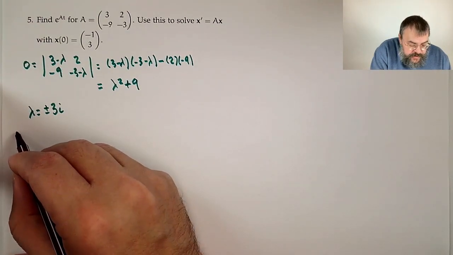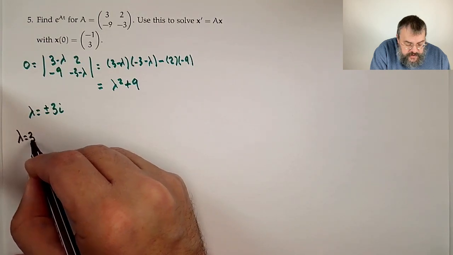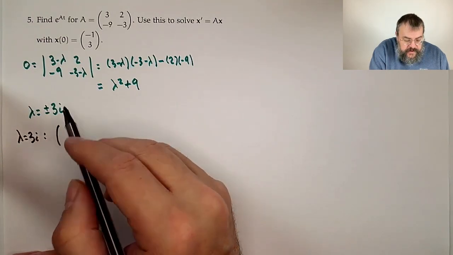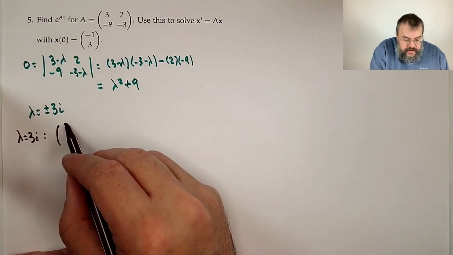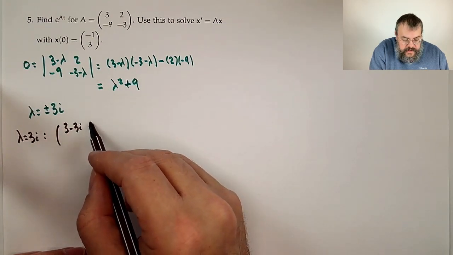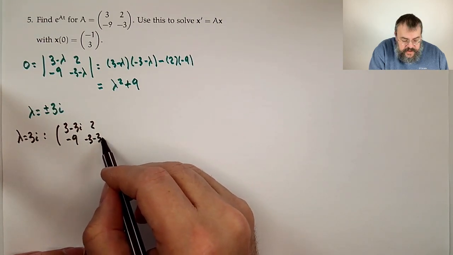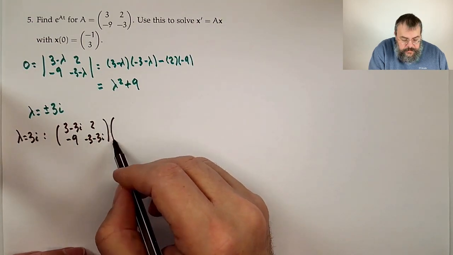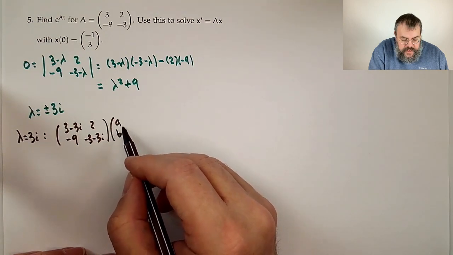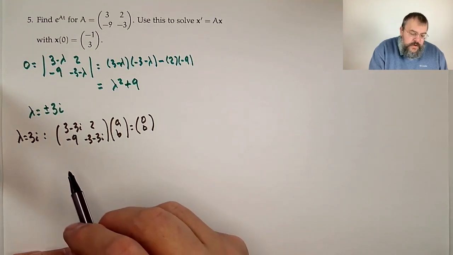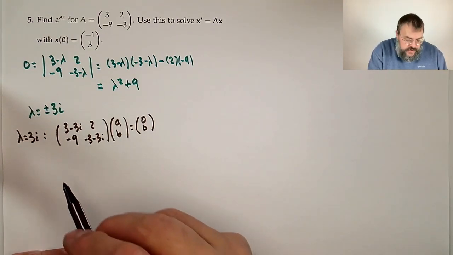So for lambda equals positive 3i, it's important to remember which one you're working with. We're going to take our A minus lambda I, so 3 minus 3i, 2, minus 9, minus 3 minus 3i. And we're multiplying that by a, b, and we want to get 0, 0. What you end up with is two equations.